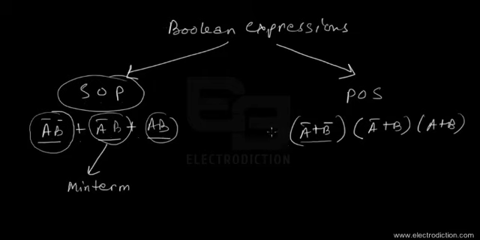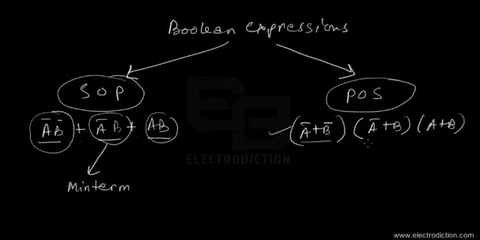This format is referred to as the POS format, where POS stands for product of sums. The individual summed groups are multiplied to constitute the final output expression.